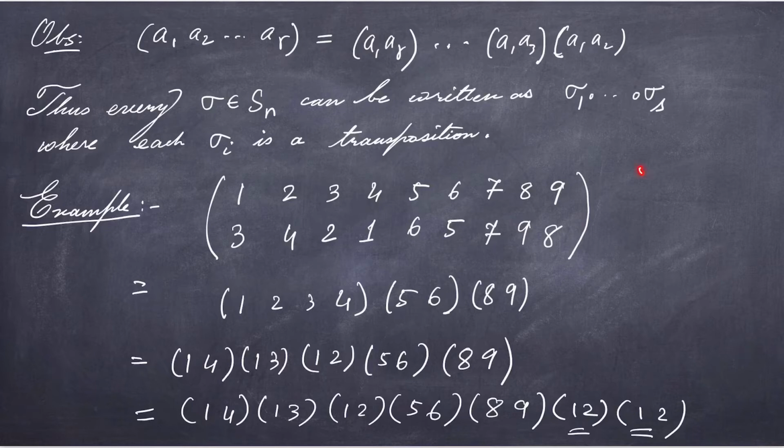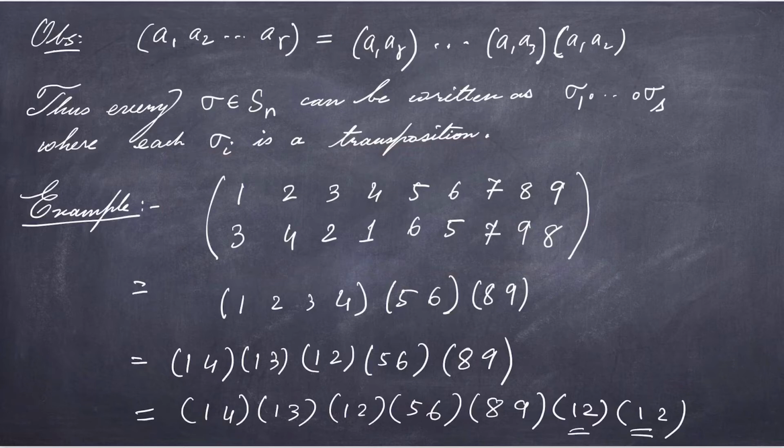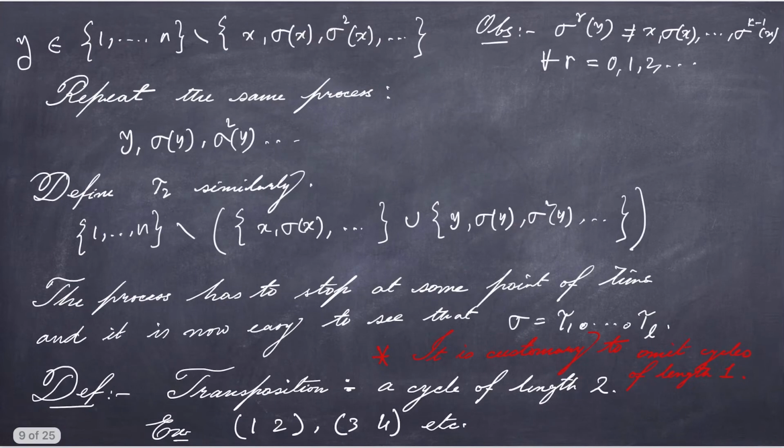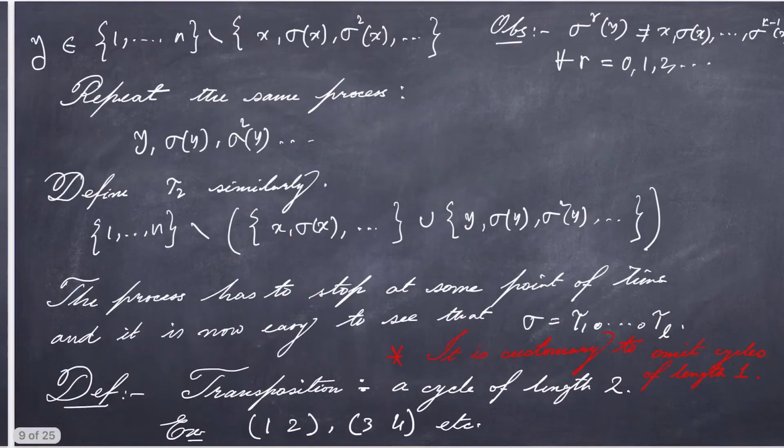As an example, let me show you how this permutation can be written as a product of disjoint cycles first, and then how it becomes a product of transpositions.